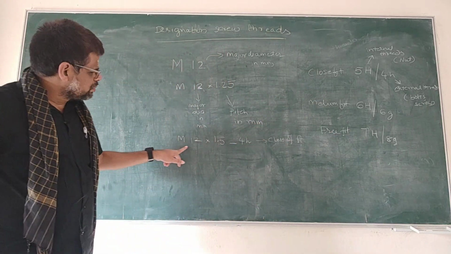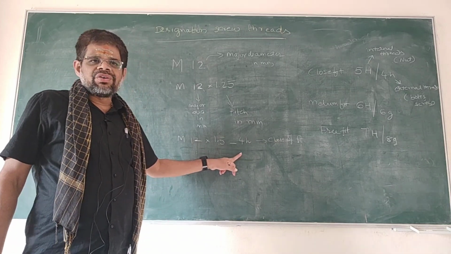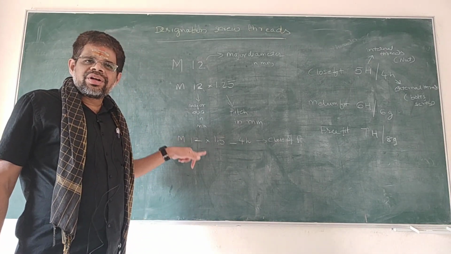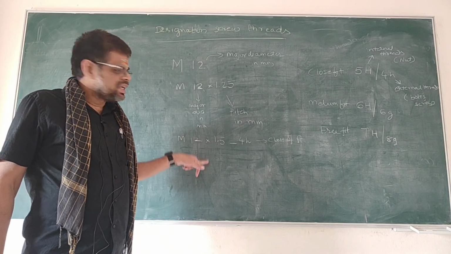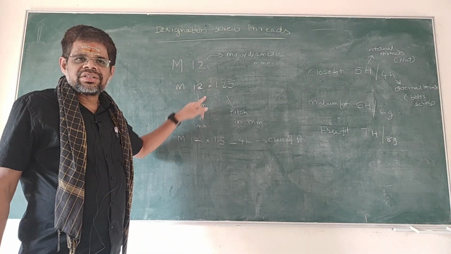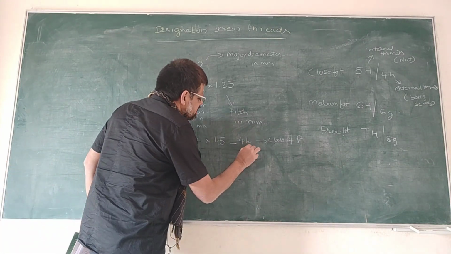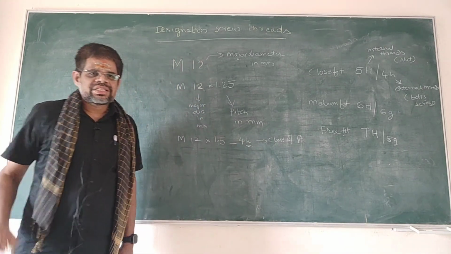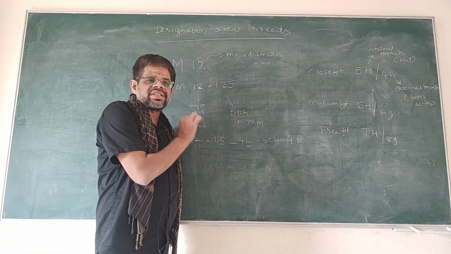For example, take this notation. Now, what do you understand? Is it a bolt or nut? Here it is a bolt because small h is there. That is for external threads.